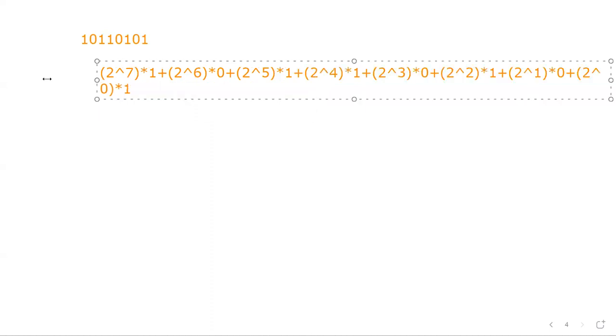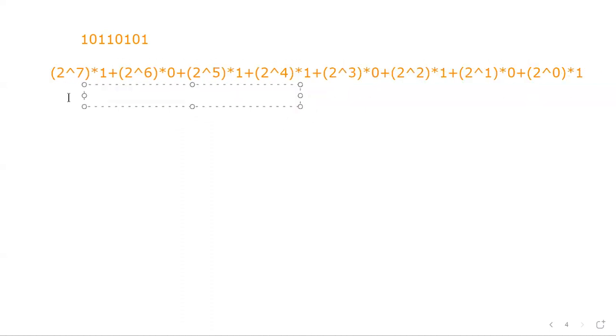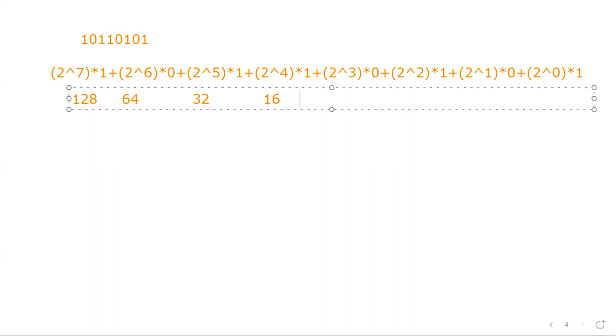Now again resolve this. What value comes? 2 to the power 7 is 128, 64, 32, 16, 8, 4, 2, 1.